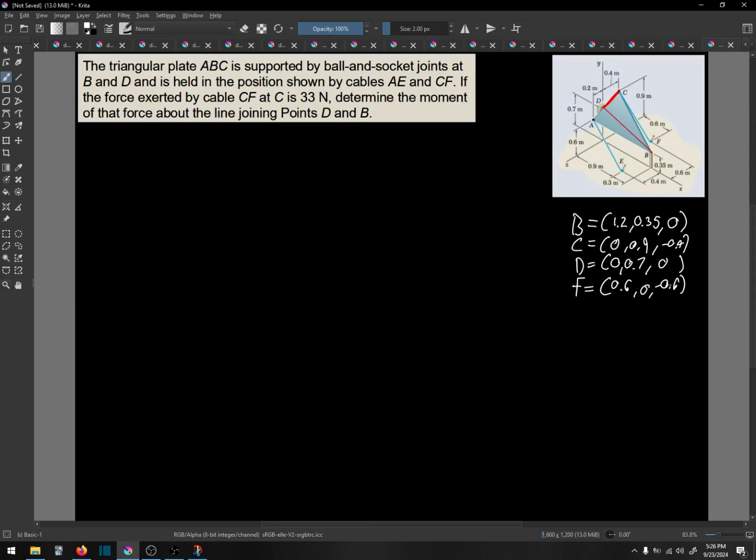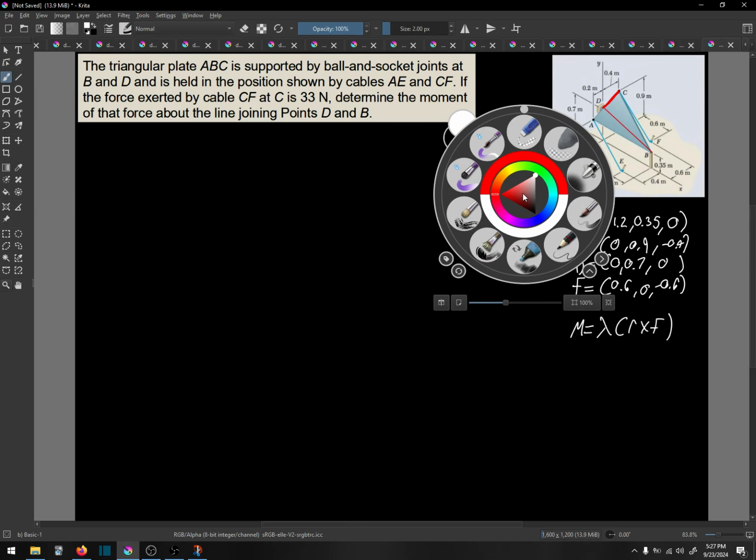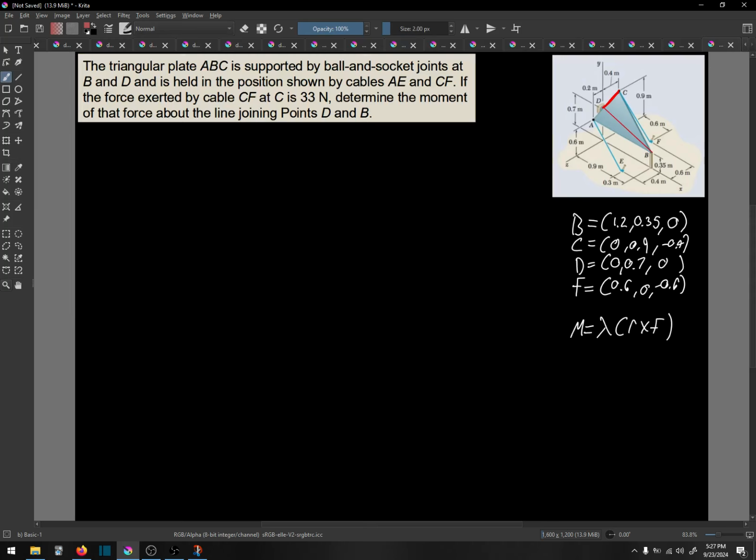All right. From here, we're going to note that the equation we're going to use is M equals lambda dot r cross F. Now note that our axis of rotation is this line here.